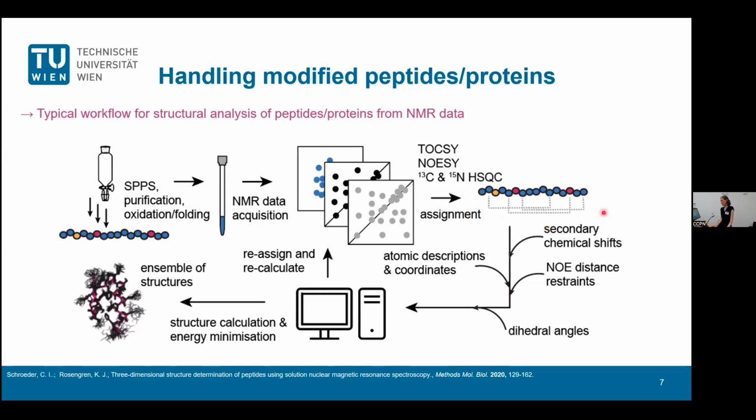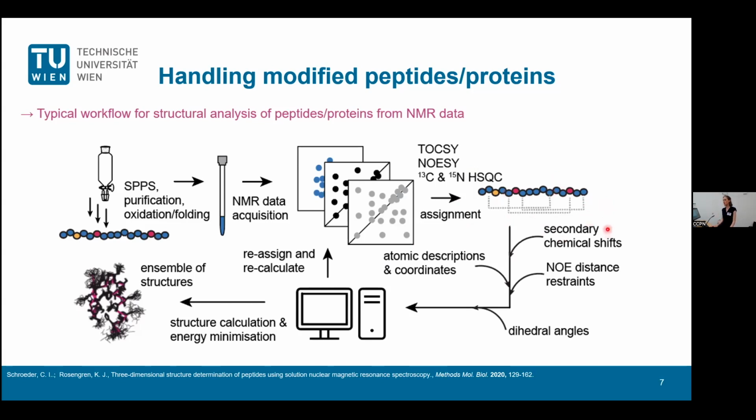We then try and assign it as best we can, usually very manually. Usually they're small enough to really pick peaks ourselves and assign them. Some of the automated assignments we find don't work terribly well for fancy peptides with modifications, cross-links, cyclization. There you really have to go manually one by one.